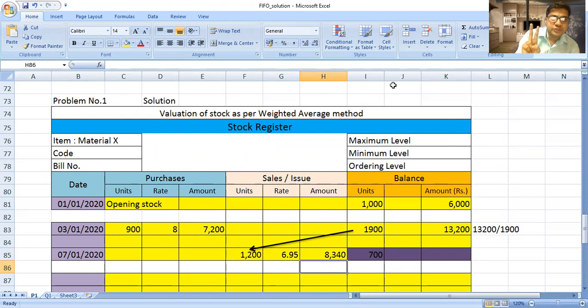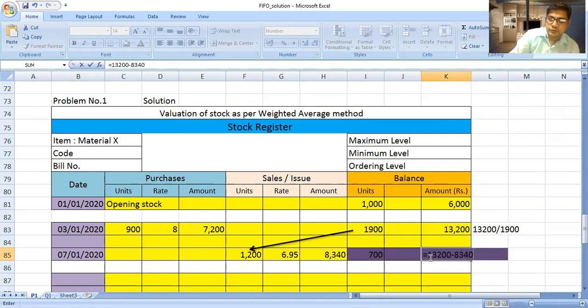After the point, we have to consider only two digits. Therefore, 1200 into 6.95 is 8340. Then after that, closing balance: from this 1900, 1200 sold, the remaining balance units 700. From this 13,200, 8340 we have to deduct. 13,200 minus 8340 is equal to 4860.